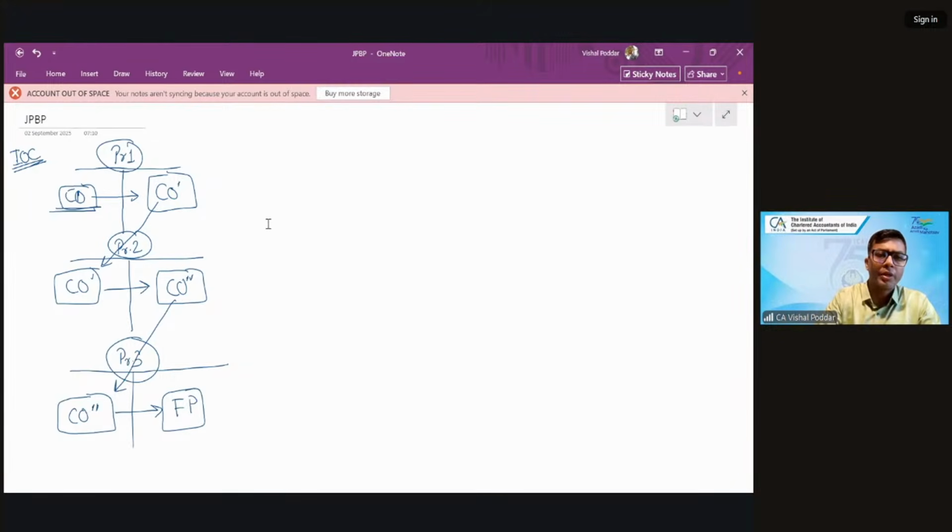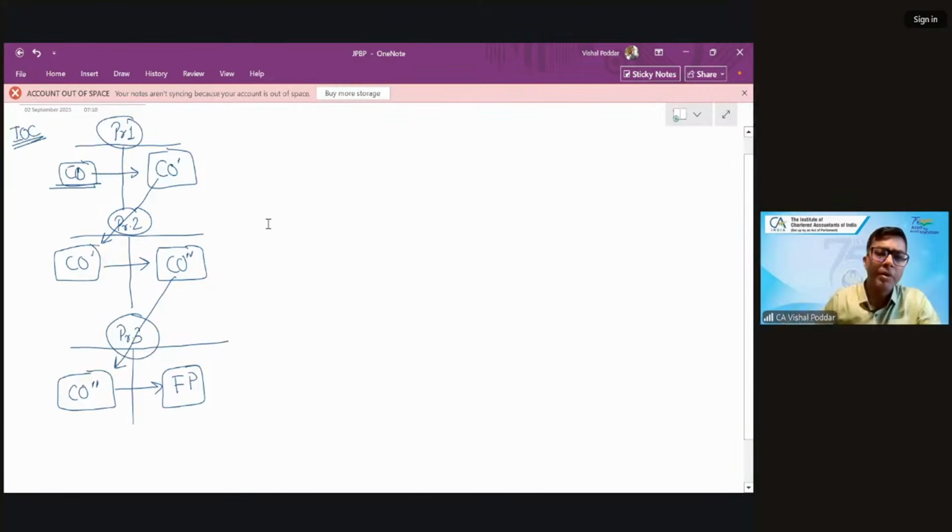Now this is what you studied in process costing. JPBP is the next step after this. In process costing, you studied how to find out the costing or valuation of the final product produced at each stage, including the costing of the losses and the closing WIPs. Now, you reached in process costing up to finding out the costing or the valuation of your final products.